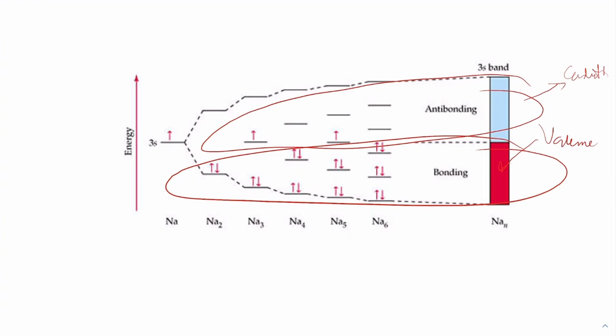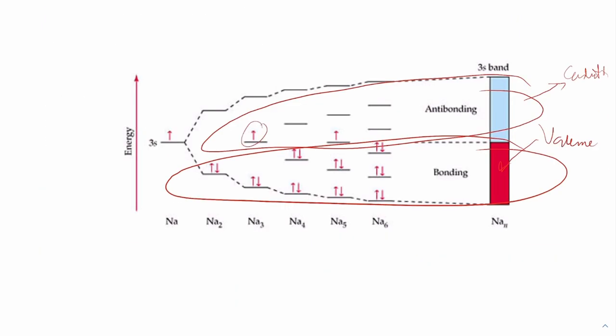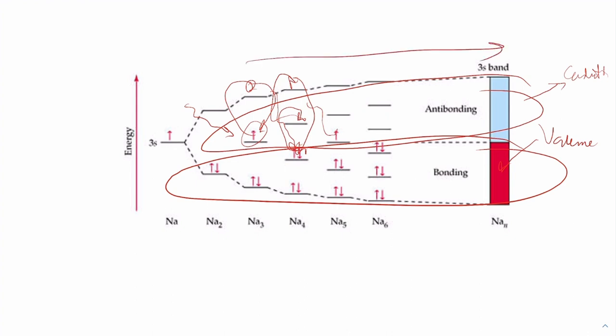Because let's say I excite this electron, right? Remember from photoelectric effect, let's say I have a photon that excites this guy. He can go up, and then when he comes back down, he could transfer that energy to this guy, who then gets excited up here or up here, and then comes back down, transfers that energy here, and that's how the electricity or the heat will move across.